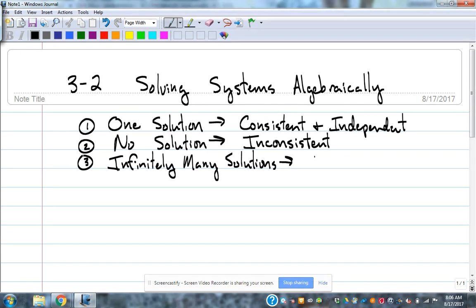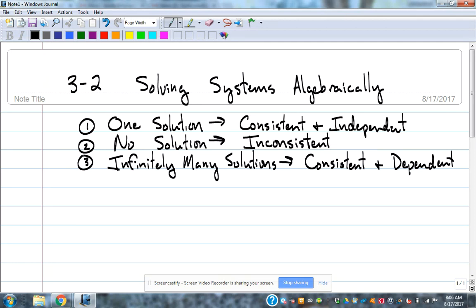And then infinitely many was consistent because it had answers, and dependent. Those were the mathy words that went with it. We're normally going to say these three things, but understand that those words exist, and you need to tie those together.